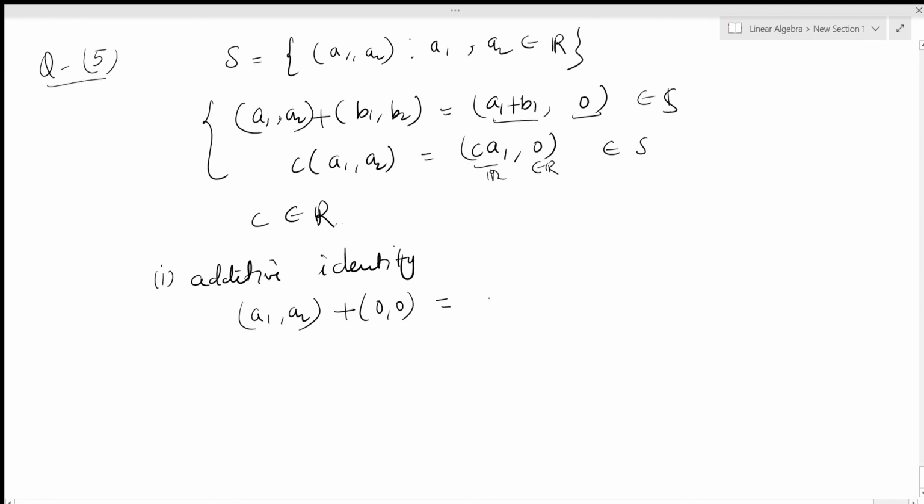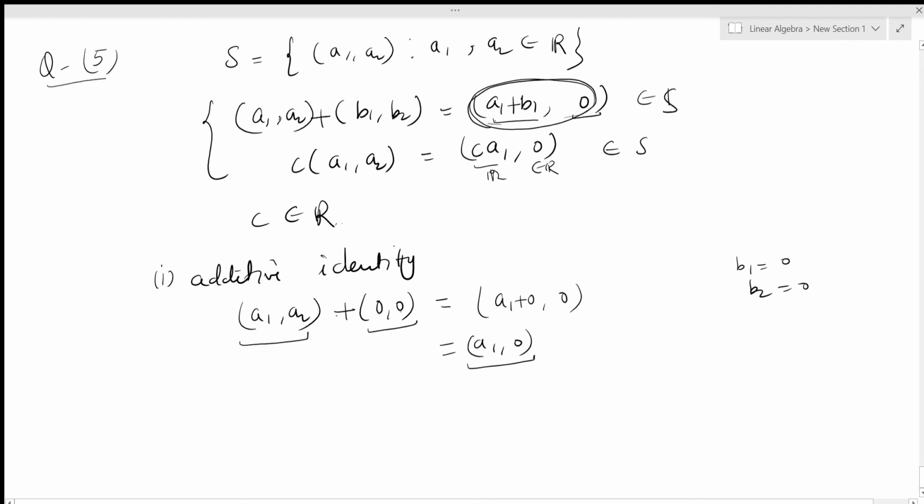By definition, in place of b1 put 0 and b2 put 0. So you get (a1 plus 0, 0), that is (a1, 0). So if we add (a1, a2) with 0, we get (a1, 0). But for additive identity it should be equal to (a1, a2). So this condition does not hold here. So we can directly write that S is not a vector space.